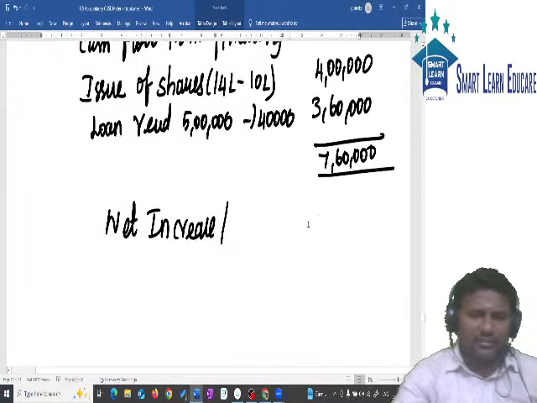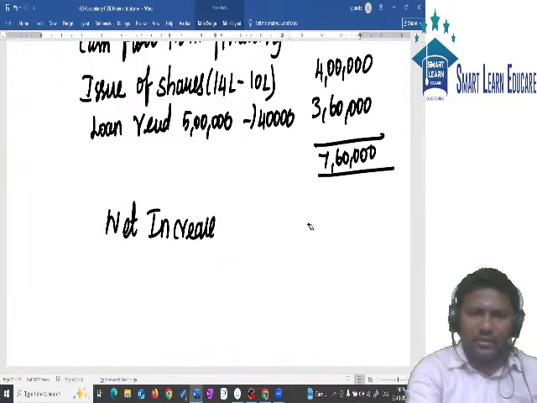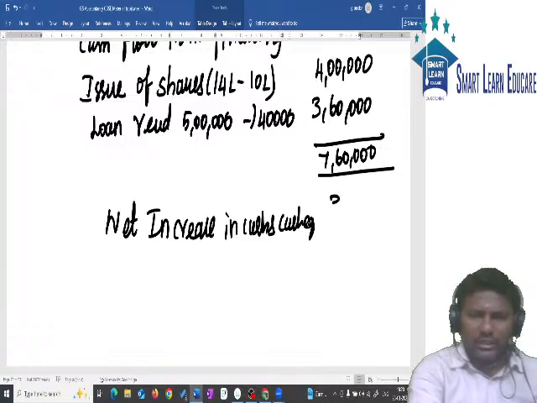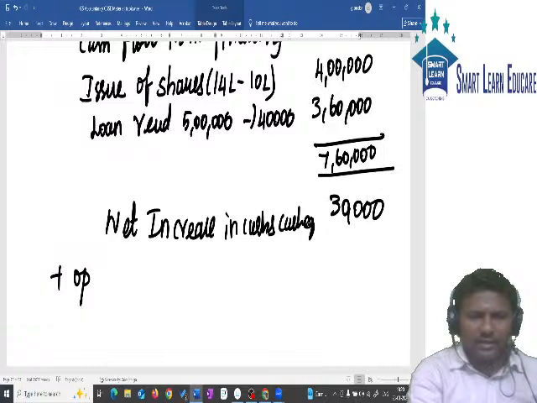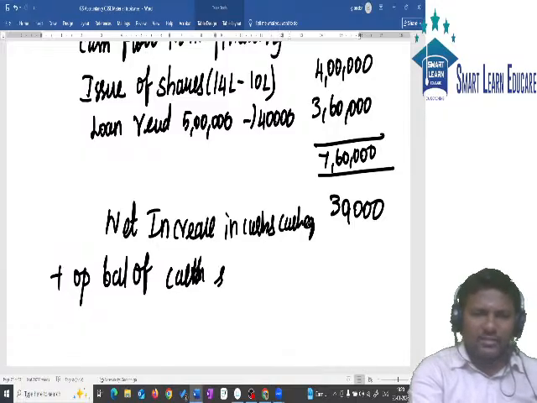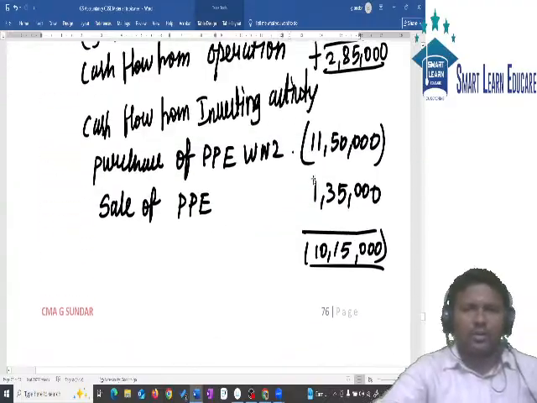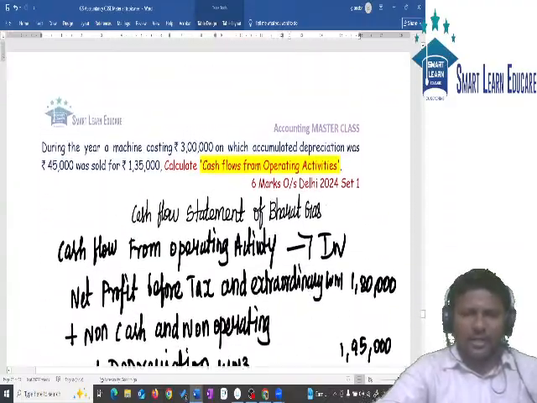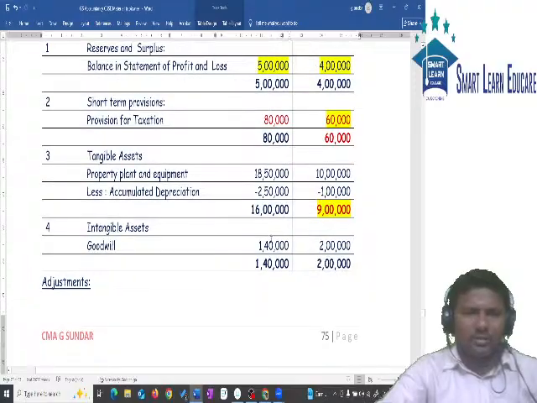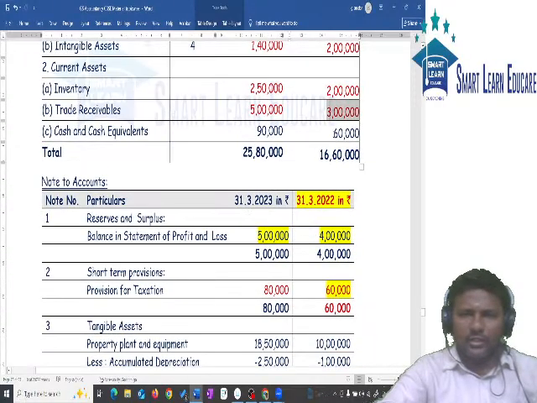Appa net increase in cash and cash equivalent will give you 30,000. Okay, this net increase should be added with opening balance of cash and cash equivalent. What is opening balance of cash and cash equivalent? Go to the question. This will give you evlo amount 60,000.